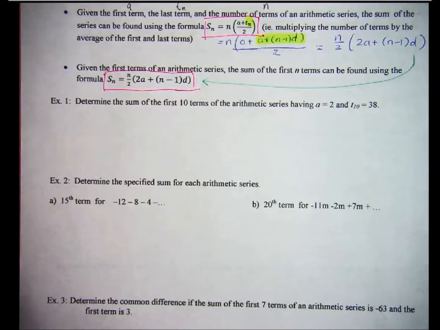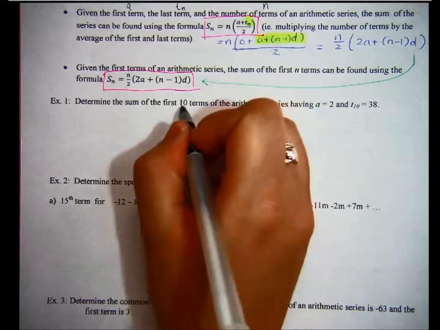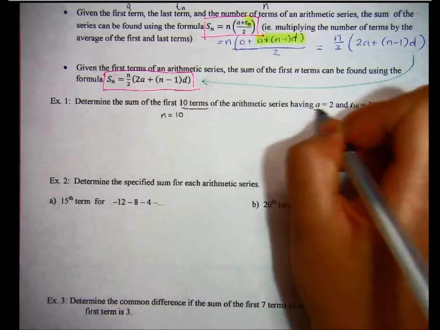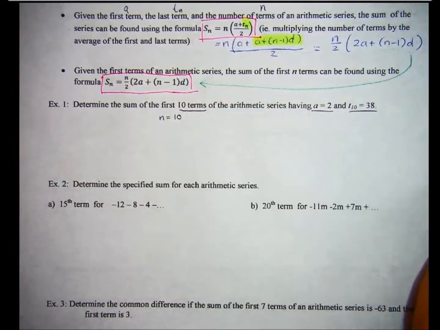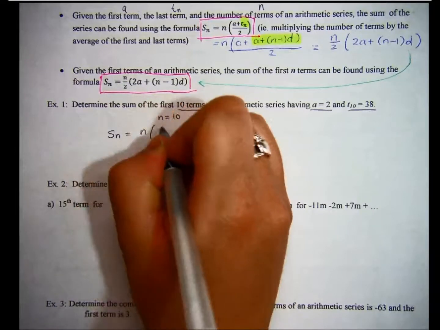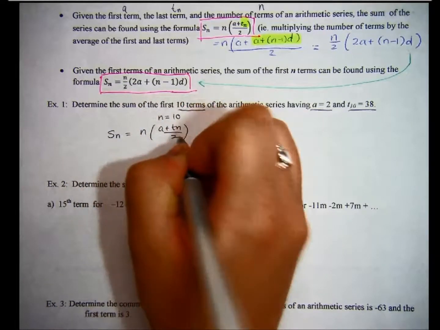Let's go over some examples. Determine the sum of the first 10 terms of an arithmetic series having a equals 2 and t10 equals 38. Because we want to know the sum of the first 10 terms, we know n equals 10, and we're given a equals 2 and the last term, so we can just use the formula Sn equals n times (a plus Tn) over 2.